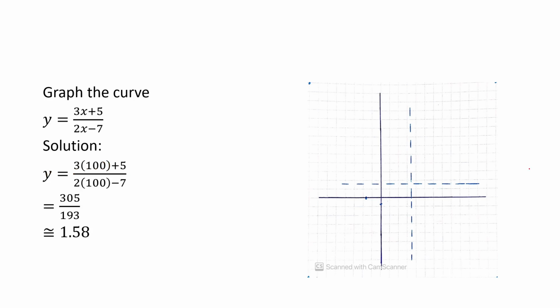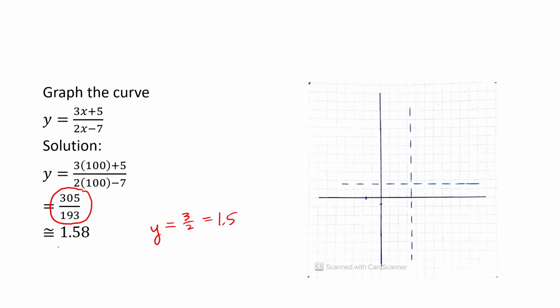So letting x be 100, we see that y would be 305 over 193. And that's approximately equal to 1.58. Now, what's significant about that is our horizontal asymptote is at y equals 3 over 2, which is 1.5.